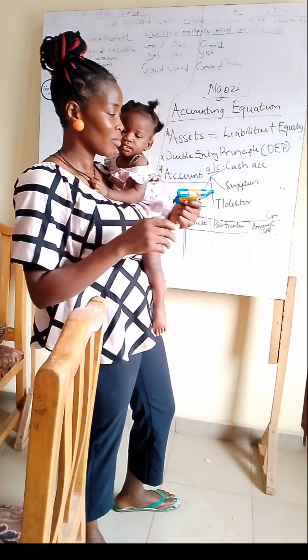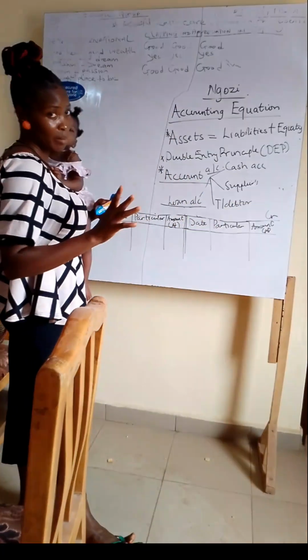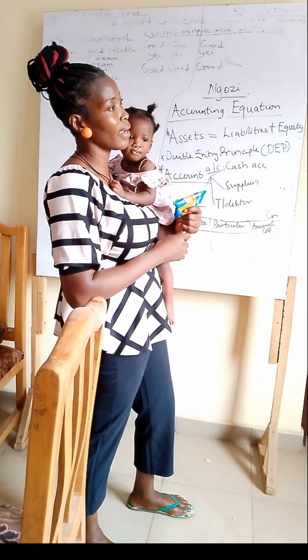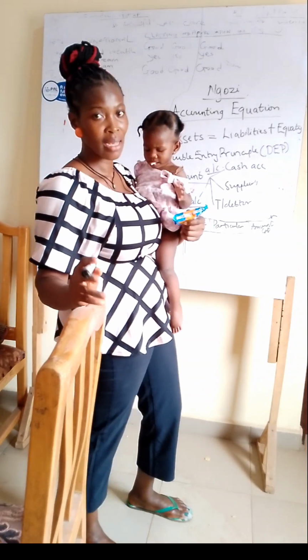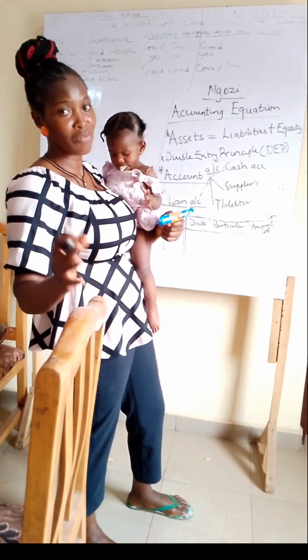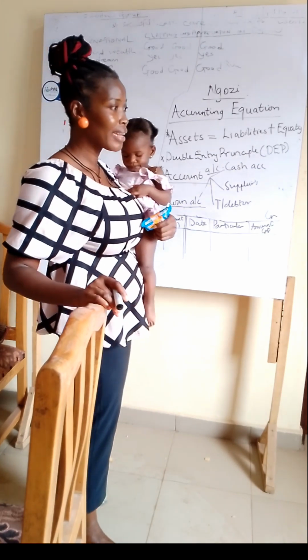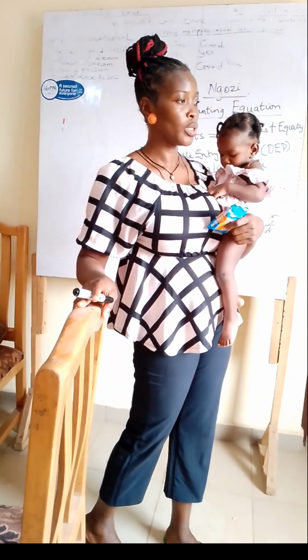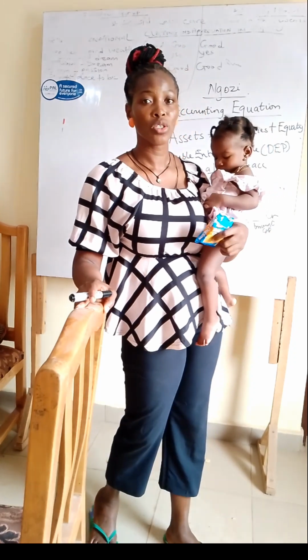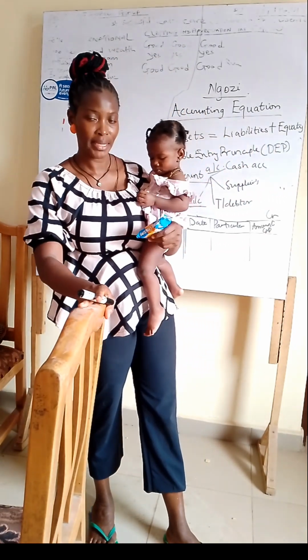So I'm going to give an example. Let's say, for instance, Mr. Obi's father is a very wealthy man, and he said to his son, I want to support your business.